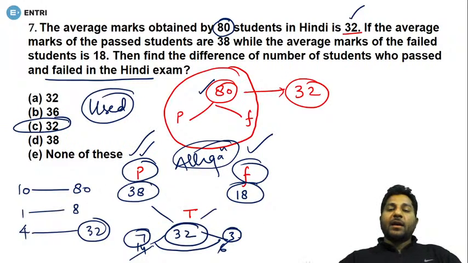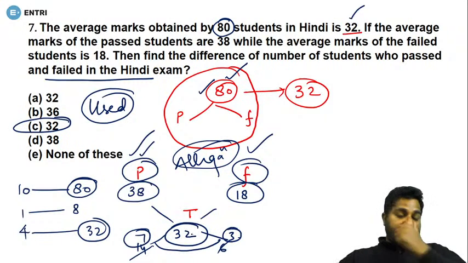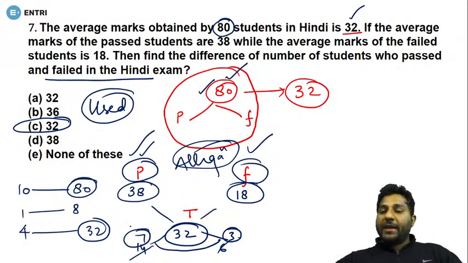So we will make a combination and make it equal to the 80 students, because the total number of students comprises passed and failed. If we add the ratio of passed and failed students and make it equal to the 80 total students, we will get the value of 1 ratio. After getting the value of 1 ratio, we have to take the difference. Why? Because they have asked to find the difference between the number of students who have passed and failed.